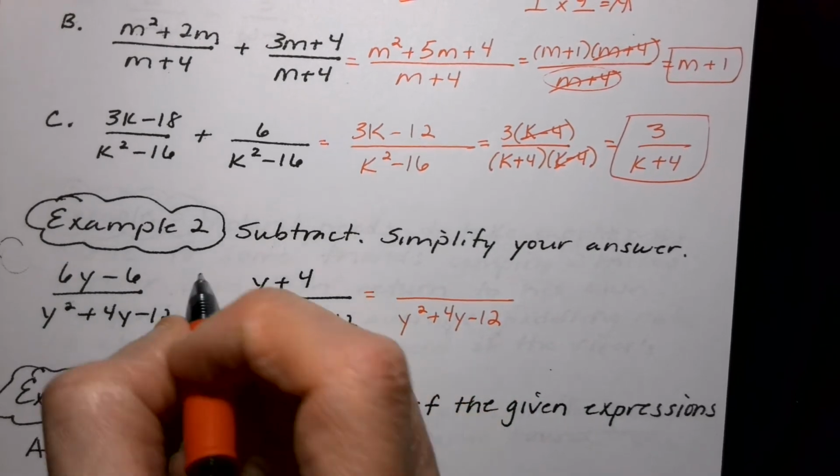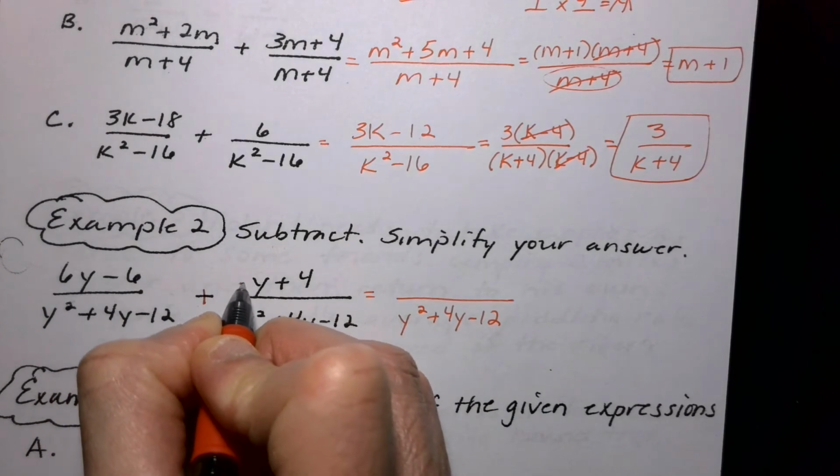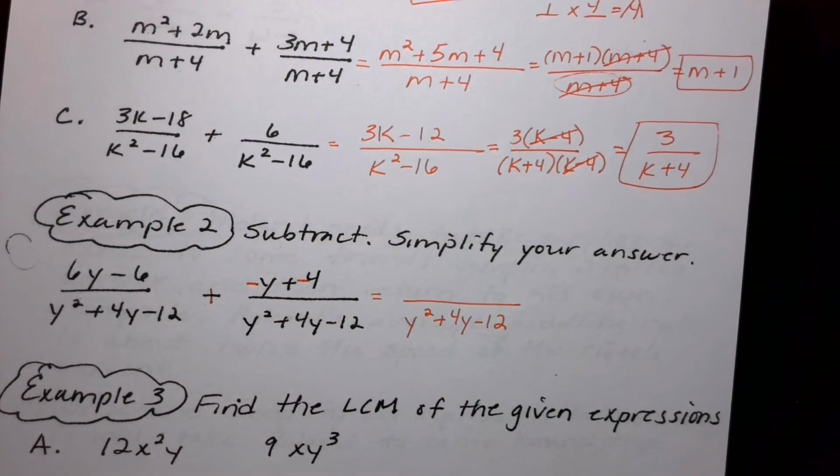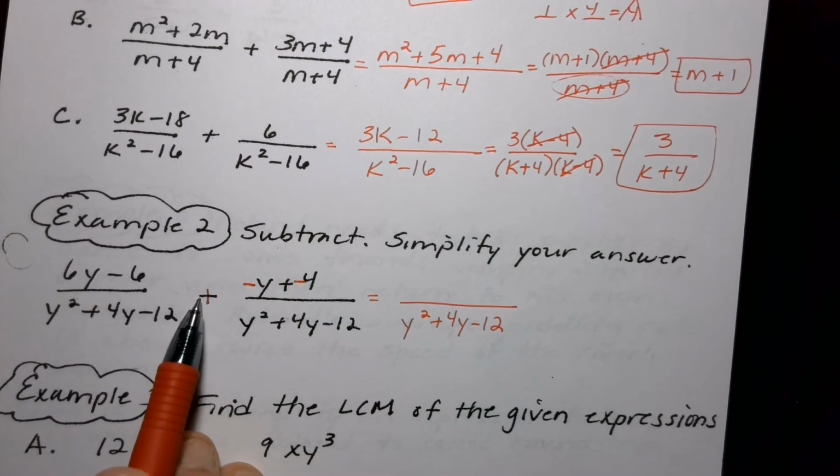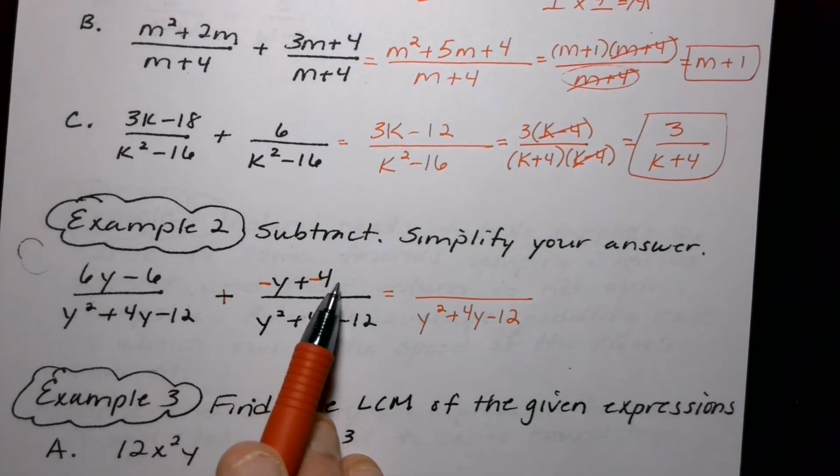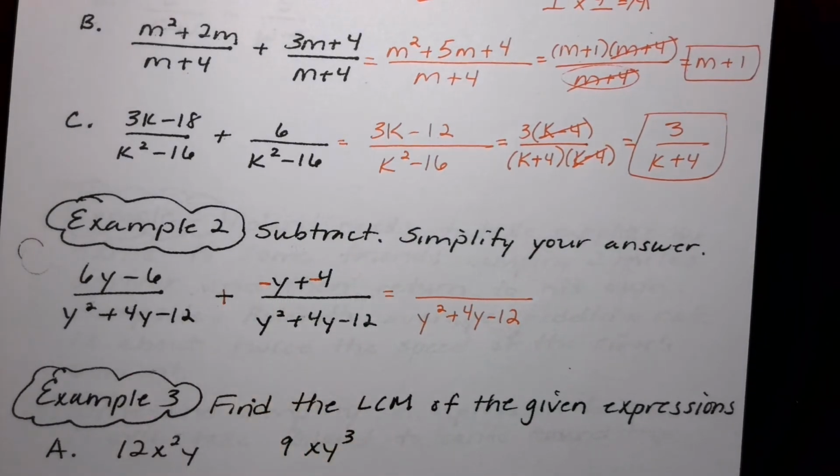Okay, so I can rewrite this as a plus and make each of those a different sign. Okay, that's what you really need to remember. When you see a subtraction, change it to a plus, go ahead. But then you got to change on the top all the signs.